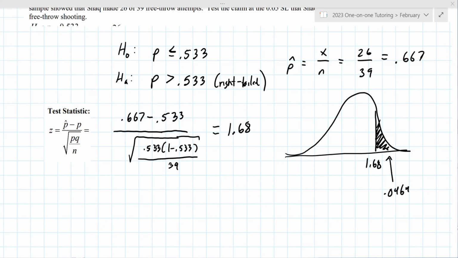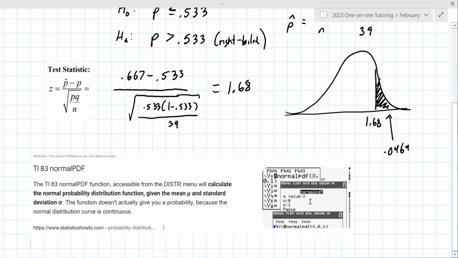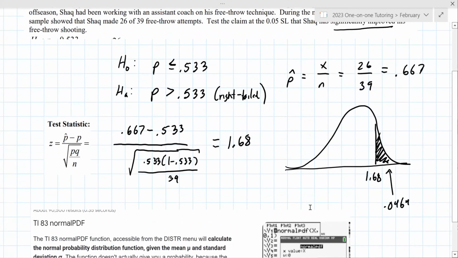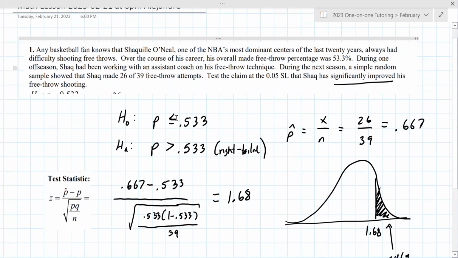Let me snip this in here. Looks like it's all right here. So you do all that because you have to write a sentence at the end, which is, do you reject or fail to reject?